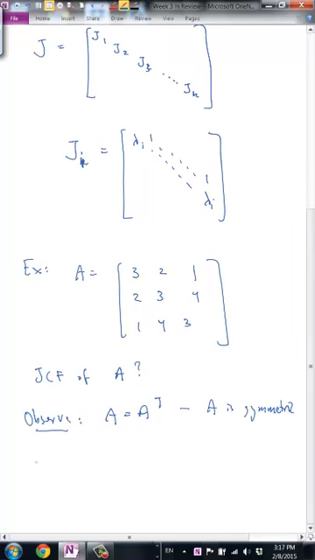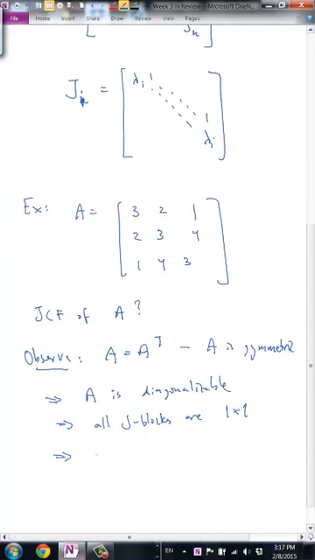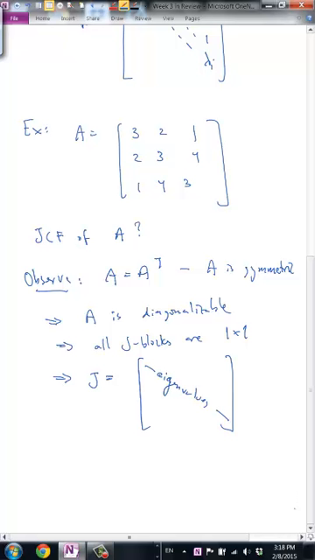And what we know about symmetry is that if A is symmetric, this implies that A is diagonalizable, which implies that all the Jordan blocks are 1 by 1, which implies that J is just equal to the matrix that's diagonal and has the eigenvalues on the diagonal. I just made up this matrix A, so it's not going to have nice and clean eigenvalues.